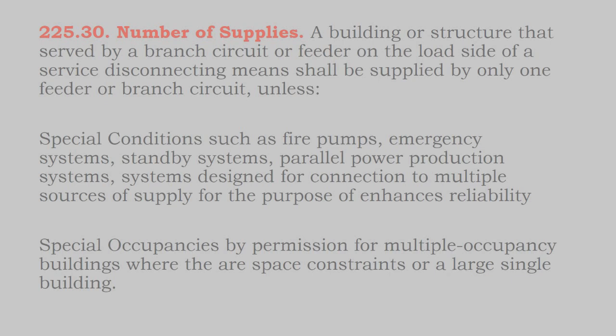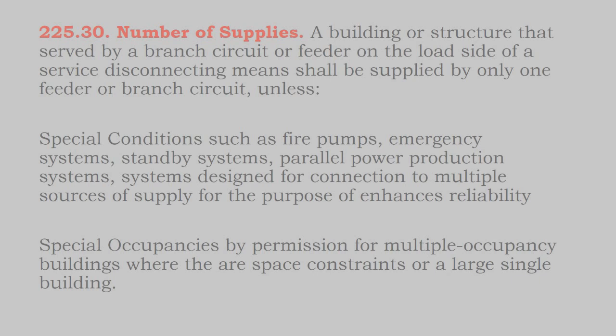What that says, a building or structure served by a feeder circuit on the load side of a service disconnecting means shall be supplied by only one feeder or branch circuit, unless you have a separate power system for fire pumps or emergency systems, or you have on-site power resources like solar or generators or standby.